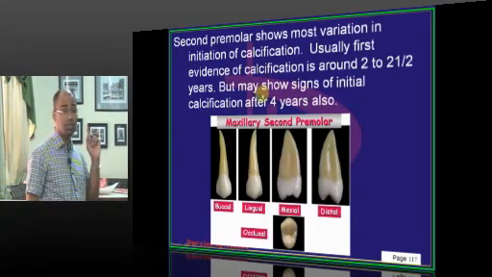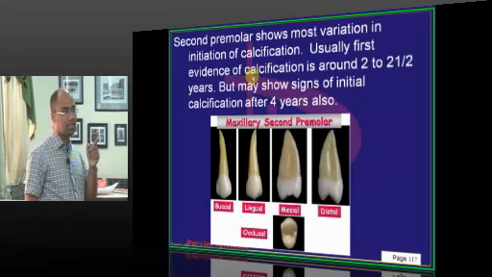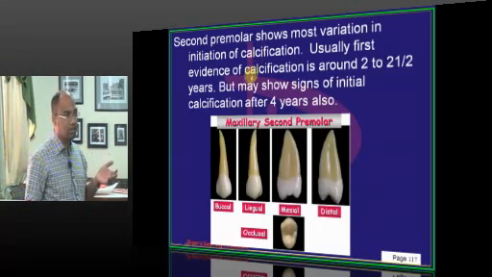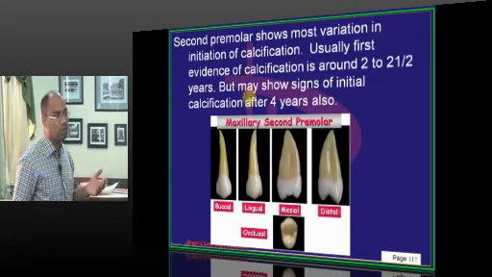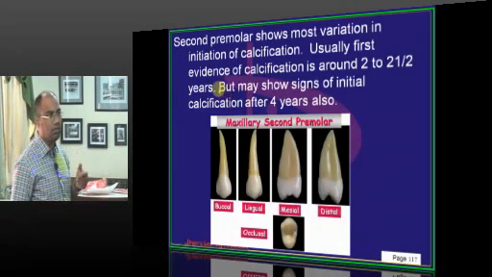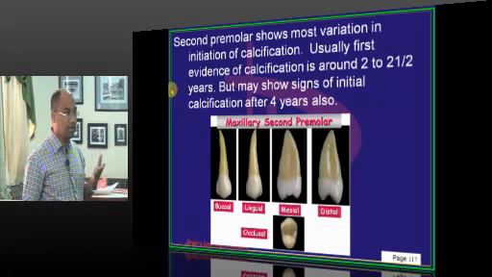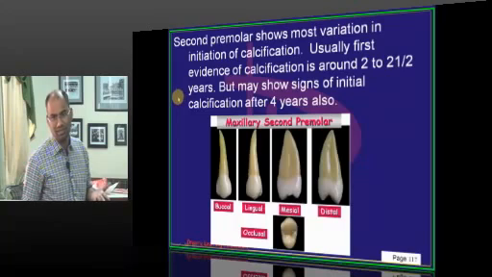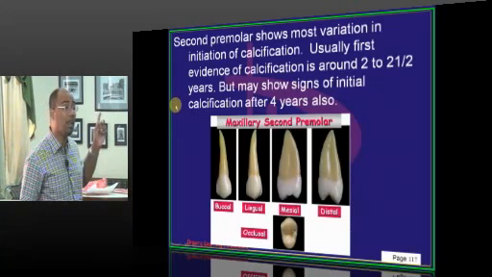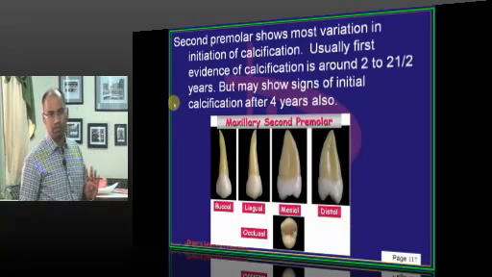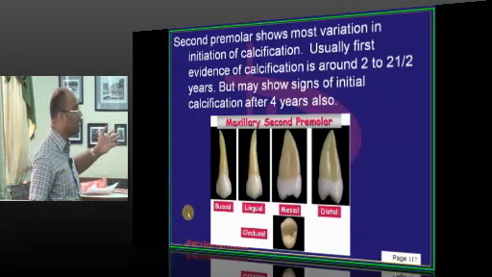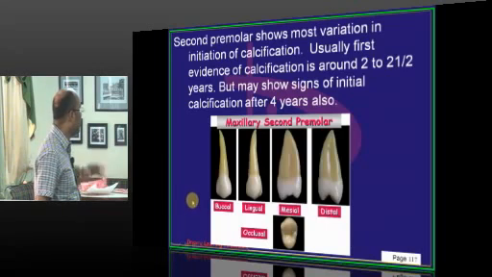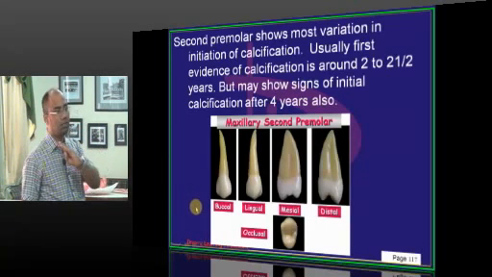That is the reason for one question I asked you: a 4-year-old child is presented with an X-ray and you have not seen whether the second premolar is formed or not. Still we said we can wait. We cannot comment. It might develop later because the second premolar is more anomalous. Okay? But after 4 years, definitely not. Till 4 years is what you can wait. Even after 4 years if it doesn't form, then absolutely the tooth will not form.